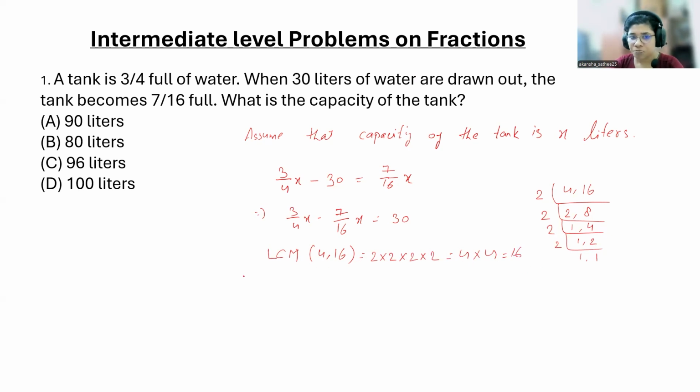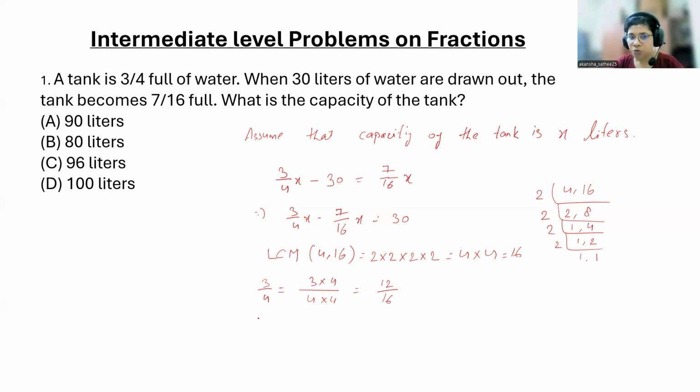16 is the LCM. Now 3 by 4, if you observe, is the same as if I multiply numerator and denominator by 4. So it is 12 by 16, because to subtract or add two fractions, you need the denominators to be equal, and that equal denominator is the LCM of the denominators initially given in the fractions.